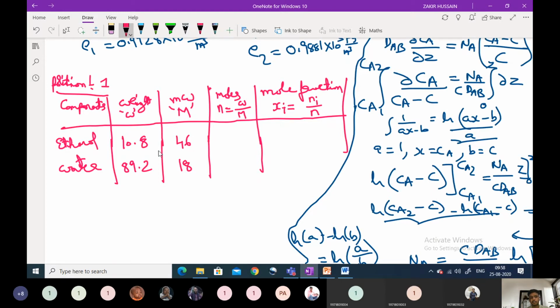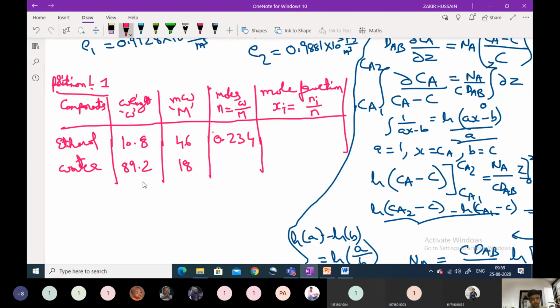Then moles. Moles is nothing but weight by molecular weight. 10.8 divided by 46, how much do we get? 0.234.